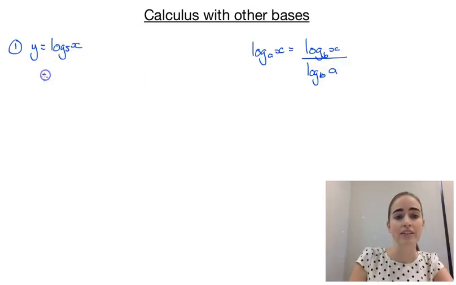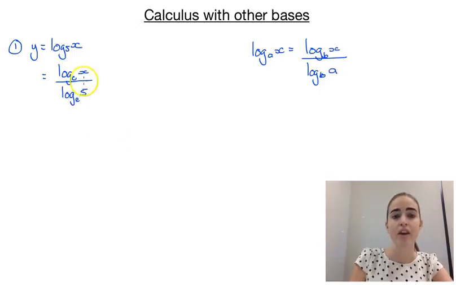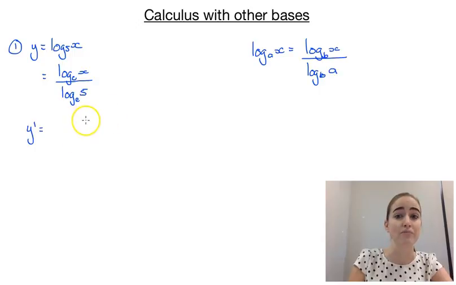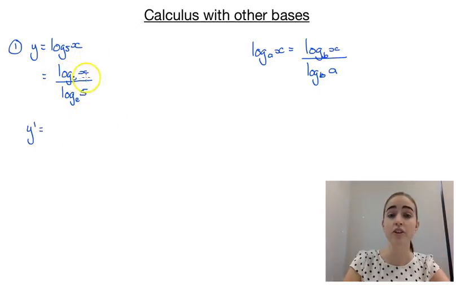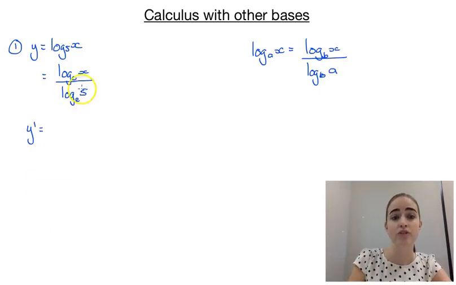Rewriting this, we could write it as log to the base e of x over log to the base e of 5. Now that we've rewritten it, we can differentiate. It's important to remember that log to the base e of 5 is just a constant, it's just a number. And our log to the base e of x, we know how to differentiate from our earlier videos and exercises.